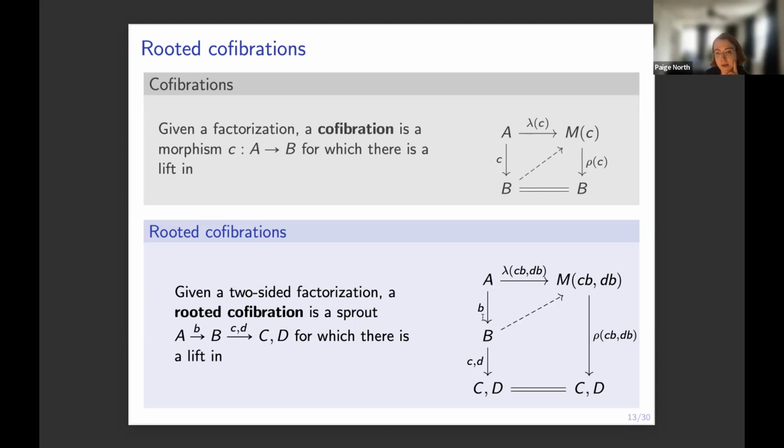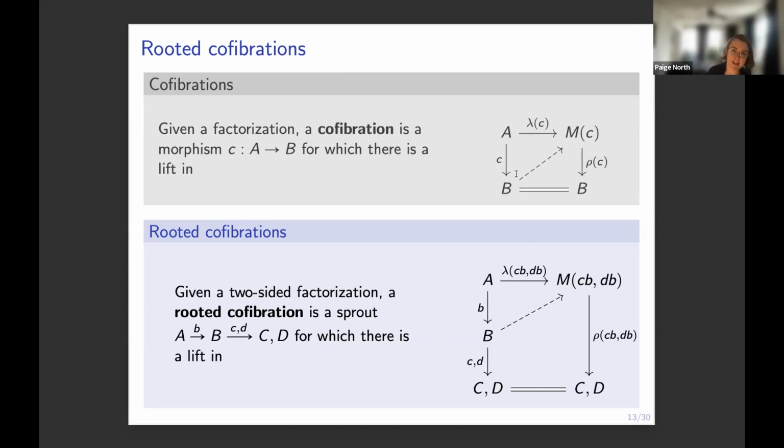So we compose this sprout to get a span. We look at the sprout CB and DB, just the sprout from A to C and A to D, forgetting about B. We factor it, and we put it here and the identity here. If there is a lift here, then we call this a rooted cofibration.